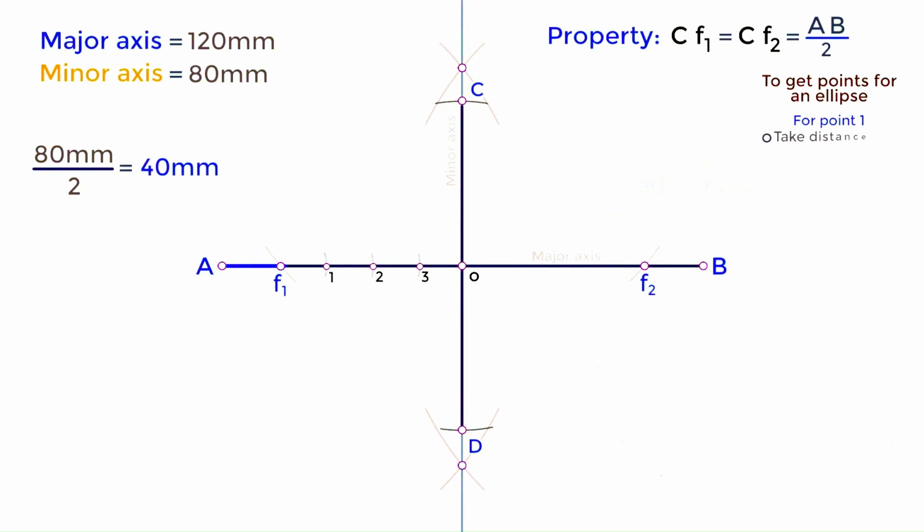After this, we need to take this length between these points A and 1 on the compass, and using F1 as a center, cut arcs on both sides. Using the same length, take F2 as the center, and cut arcs on both sides.